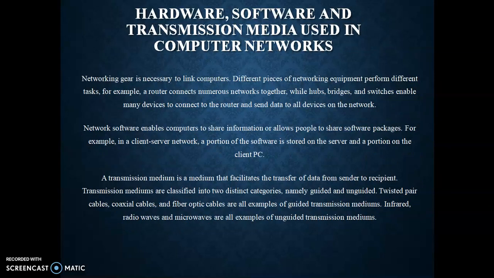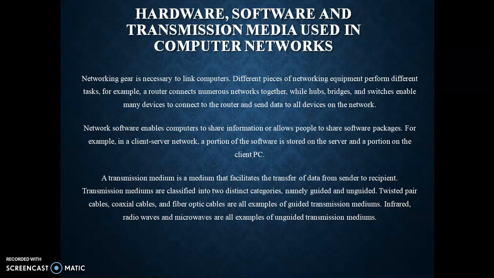Hardware, software, and transmission media used in computer networks. Network gear is necessary to link computers. Different pieces of networking equipment perform different tasks. For example, a router connects numerous networks together, while hubs, bridges, and switches enable many devices to connect to the router and send data to all devices on the network.